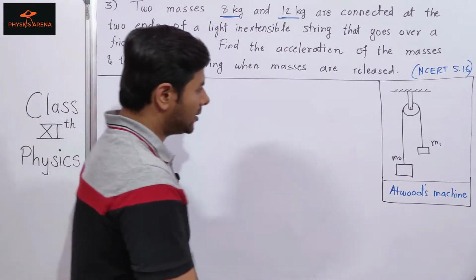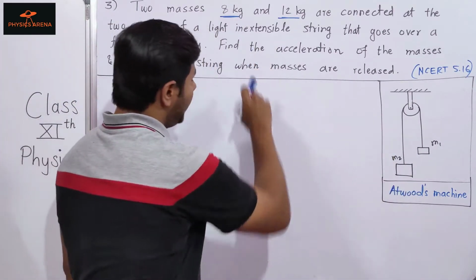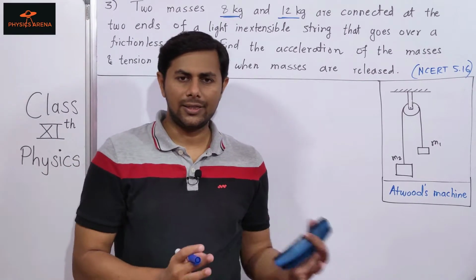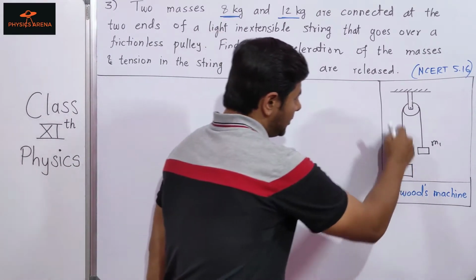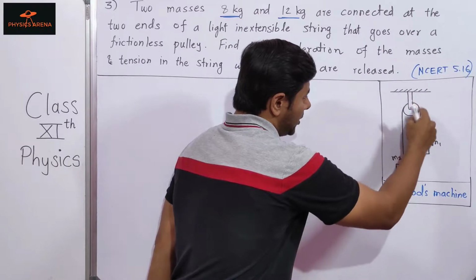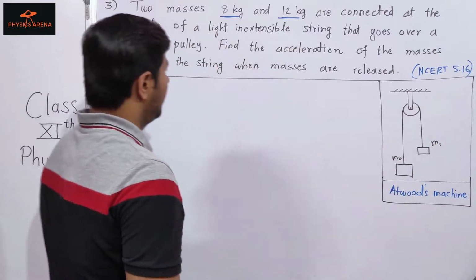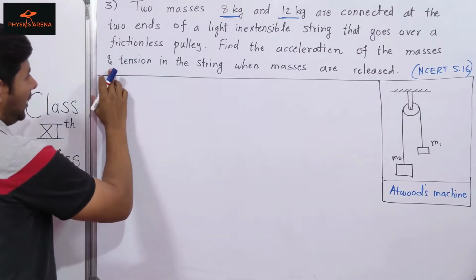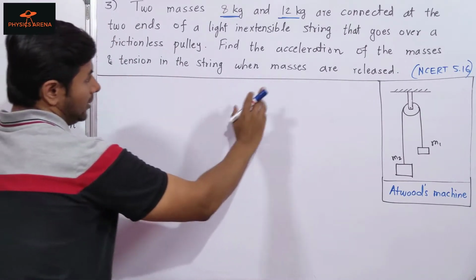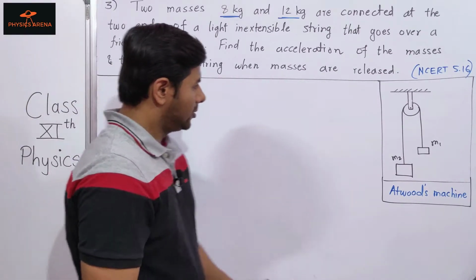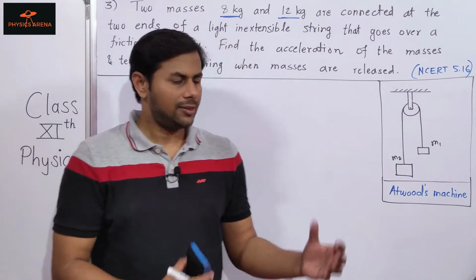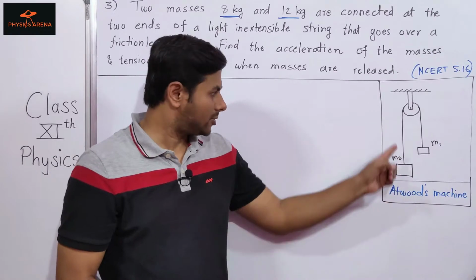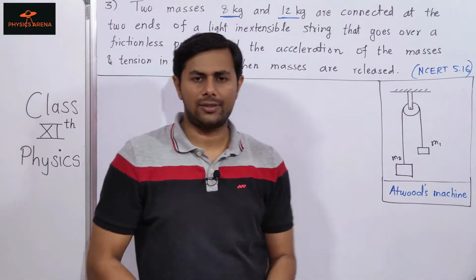So these are two masses, m1 equals 8 kg, m2 equals 12 kg, and they are connected to each other by this string which goes over this pulley. Find the acceleration of the masses and tension in the string when masses are released. So when these masses are released, we have to find the acceleration of these masses and also the tension in the string.